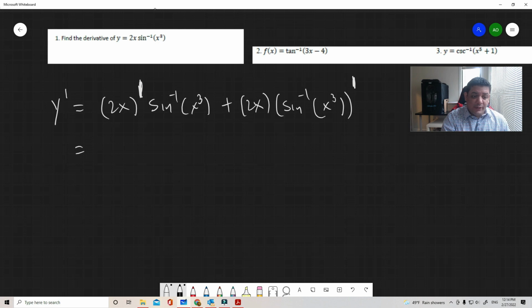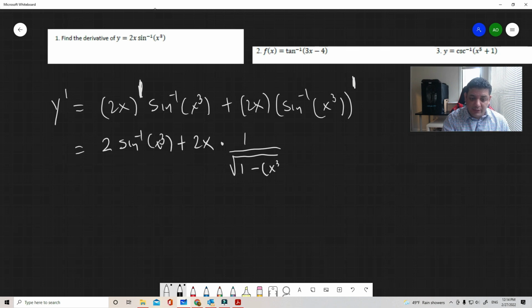The derivative of 2x is 2, so 2 sine to the minus 1 of x cubed plus, and then here 2x. And now we're actually going to go for the derivative of sine to the minus 1, which is 1 over the root of 1 minus x squared regularly, but here we have x cubed, so we have to compose with x cubed.